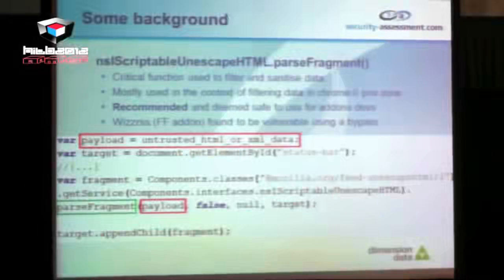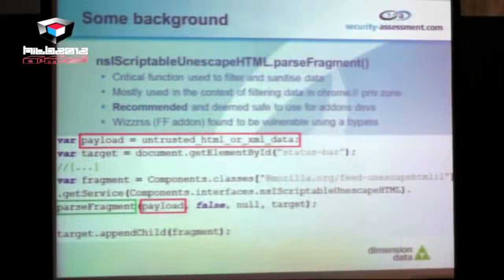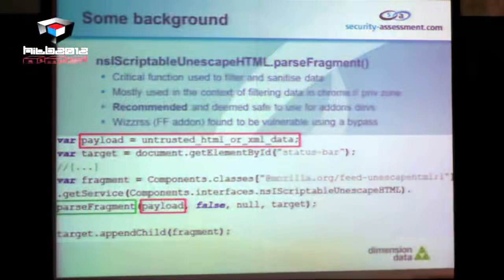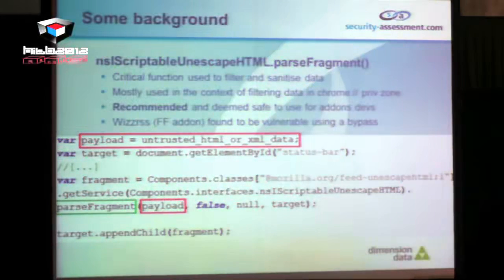You use this function to filter the page and then do things with your add-on. So in the screenshot below, you can see an example: you have payload, which is your untrusted HTML, and then you have fragment, and then you basically use the parse fragment function to filter the payload, and the result of that is filtered, so it should be safe to use in the context of the add-on.